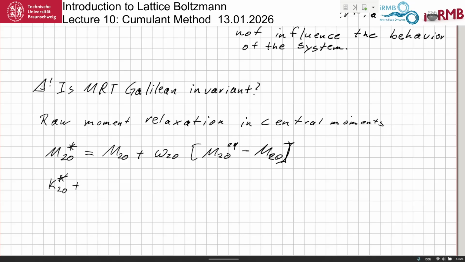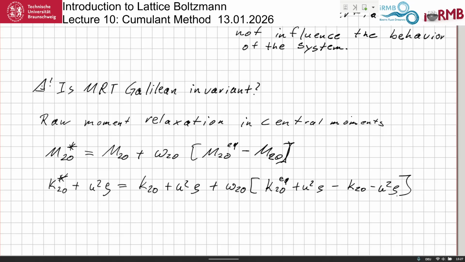Now plus, the other way around, U square rho. So these are collision invariants, so nothing to change here. Then on the other side, we have the pre-collision K20 plus U square rho plus omega 20, M2, K20 equilibrium comes again plus U square rho minus K20 pre-collision minus U square rho, okay?